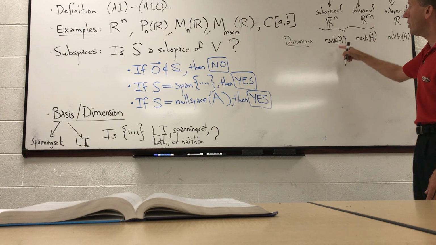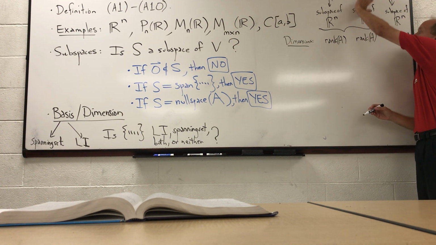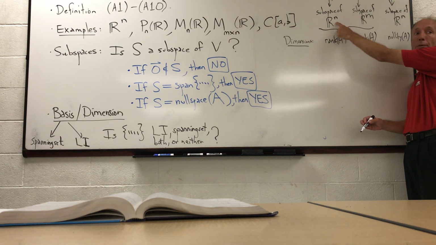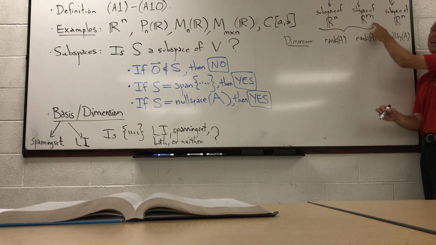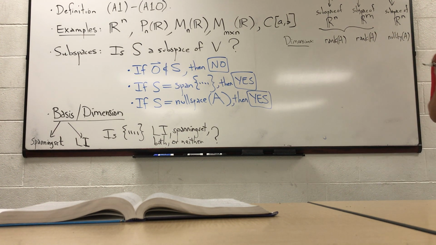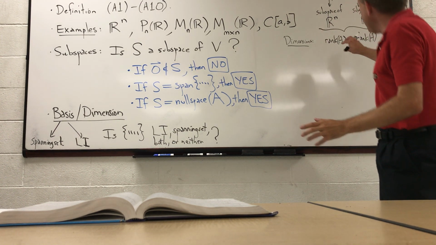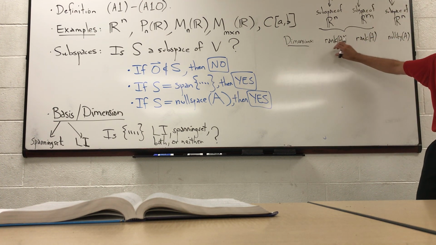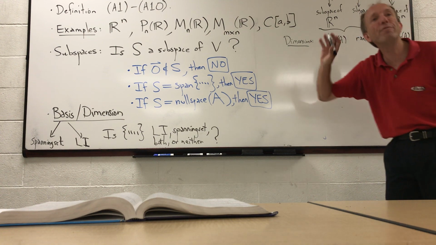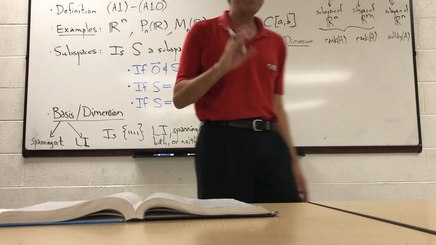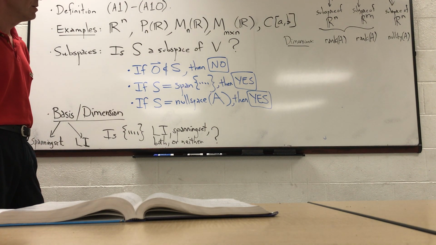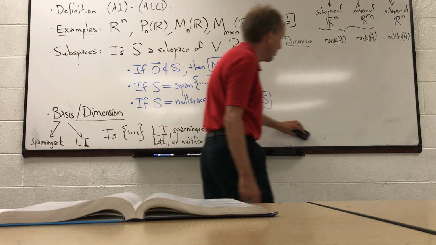It's interesting that both the row space and column space have the same dimension, but one of them is a subspace of Rn, and the other one is a subspace of Rm. So these are two equal-dimension subspaces, but they're subspaces of different things. And that can be a little bit hard to wrap your mind around sometimes. But anyway, that's just something to keep in mind.